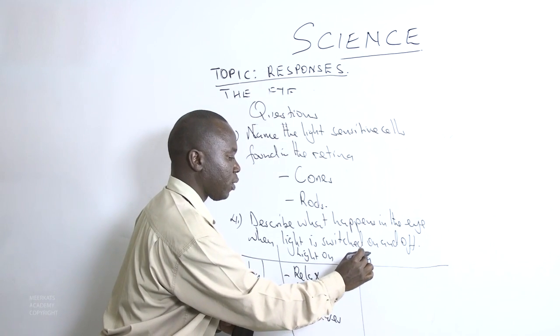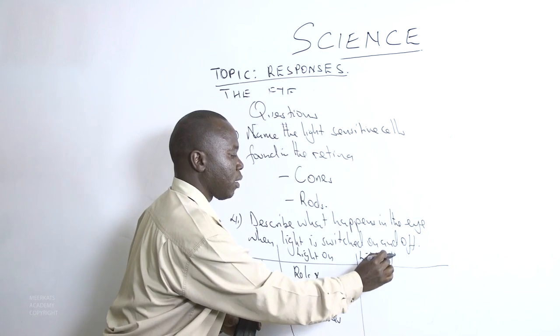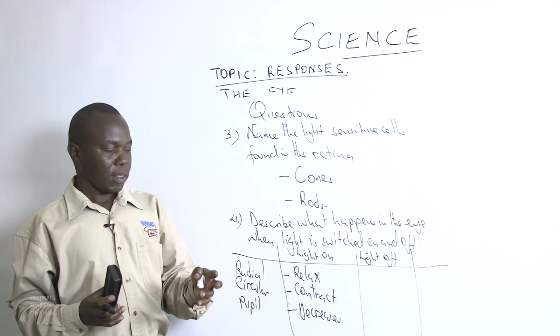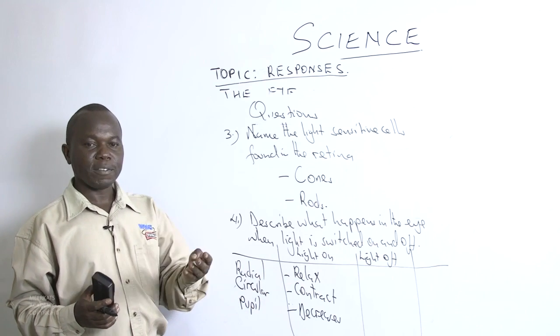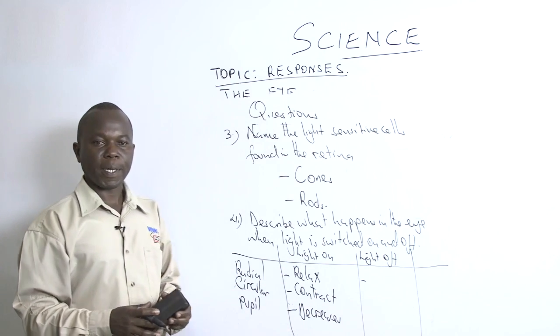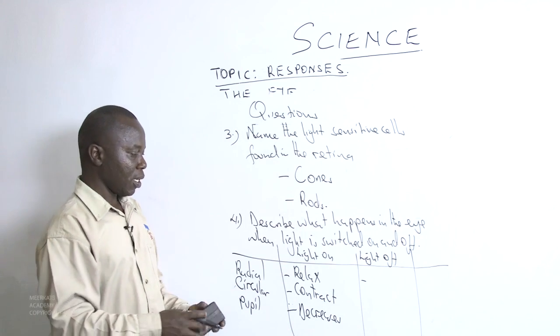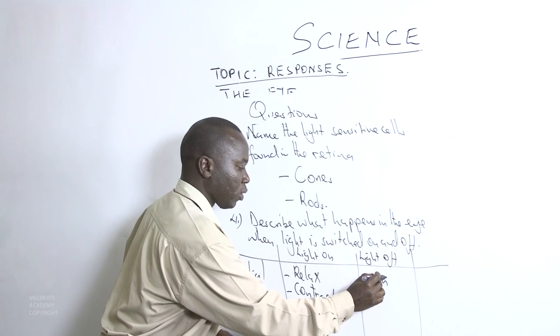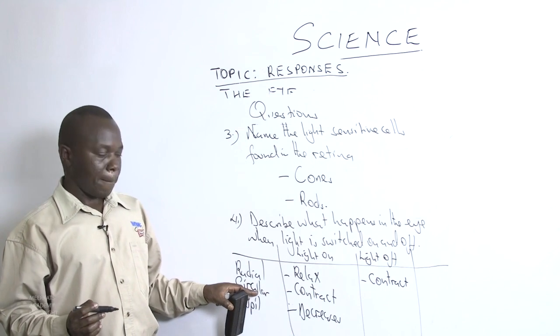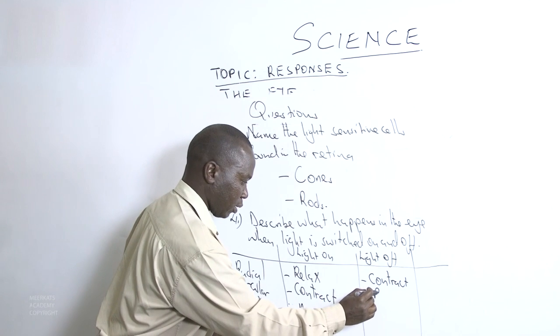Light off. When lights are off, for one to perceive, we need more light into the eye. The opposite will happen for each of those muscles. Radial muscles are going to contract. Circular muscles are going to relax.